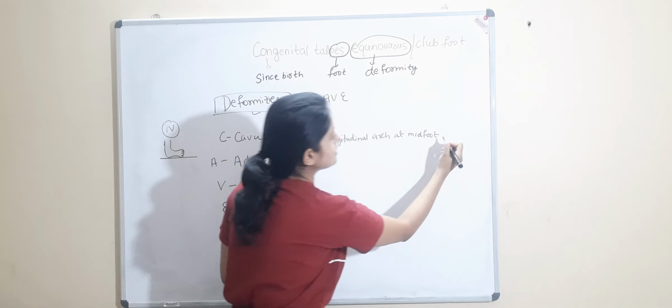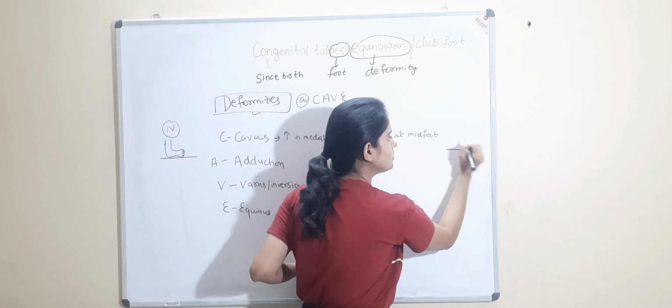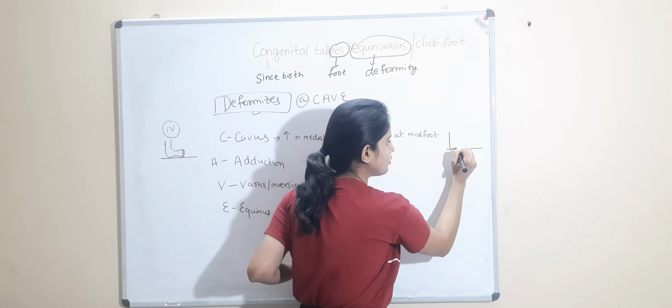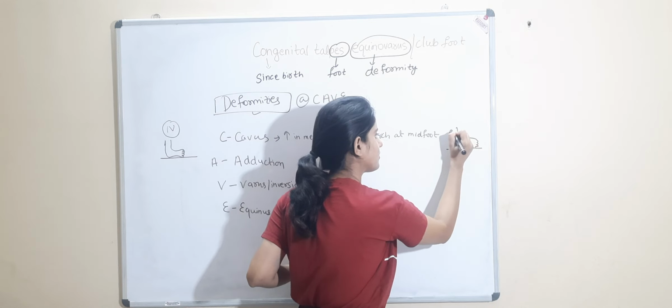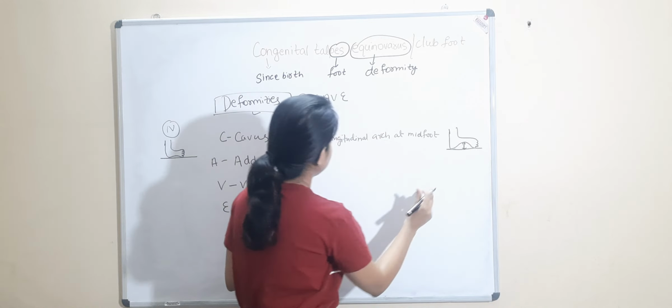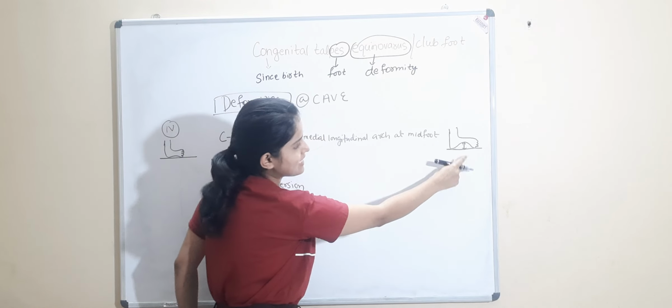But in cavus, the arch is raised off the ground. Foot becomes like this. Increase in medial longitudinal arch at midfoot.